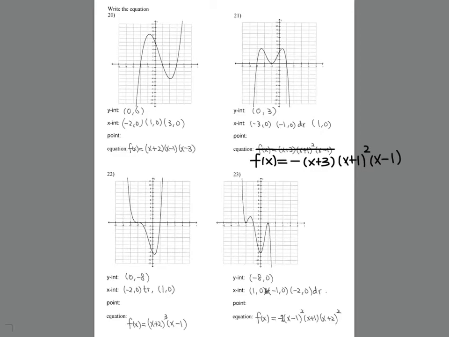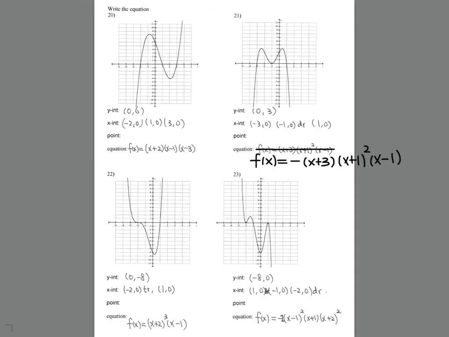And then in particular, number 22, the function crosses the x-axis at -2, but the shape is not like going over it smoothly. So I'm assuming it's going to be a triple root there.